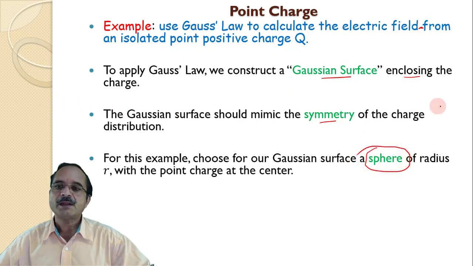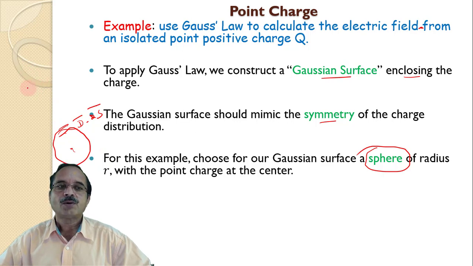Now we assume that this point charge is lying in some spherical surface, which is a symmetric surface. We will find out D dot dS over this entire spherical surface, and as we know, as per Gauss law, the total flux passing through the surface is equal to the charge enclosed, and that is D dot dS evaluated over the entire surface.